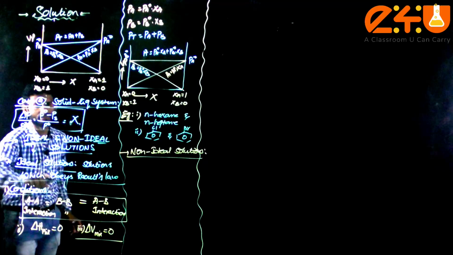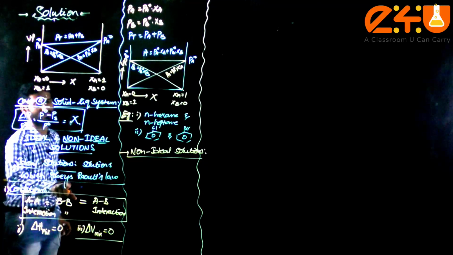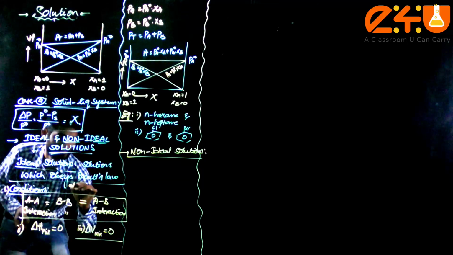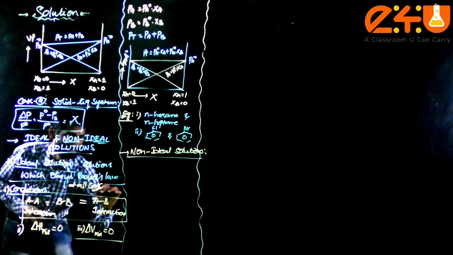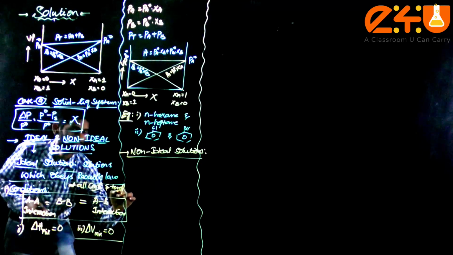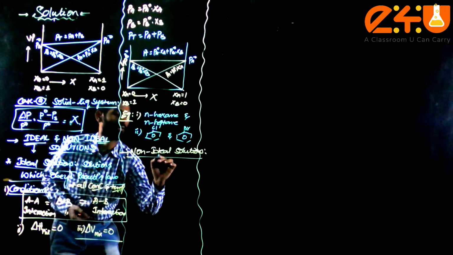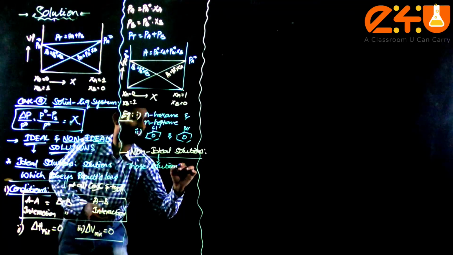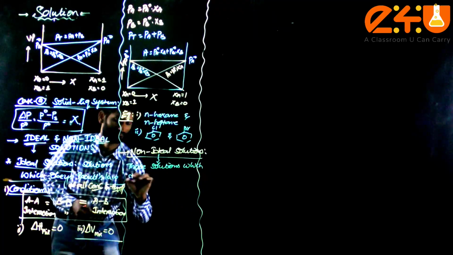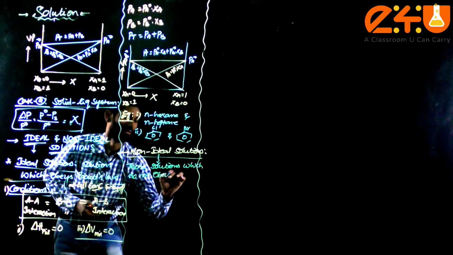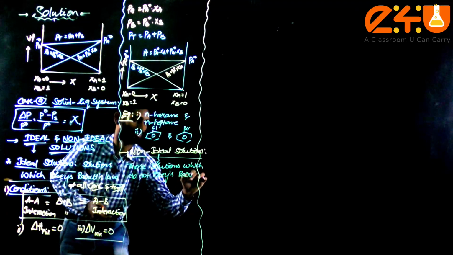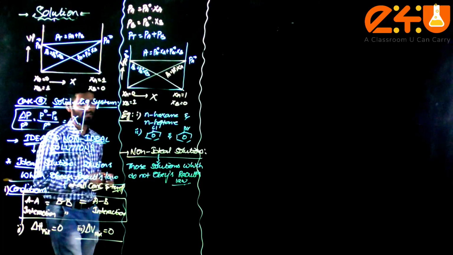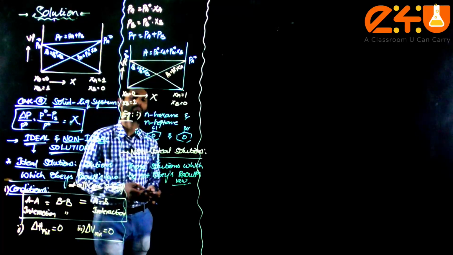Already written here: an ideal solution means those solutions which obey Raoult's law at all concentrations and temperatures. But those solutions which do not obey Raoult's law, such a type of solution is known as a non-ideal solution.